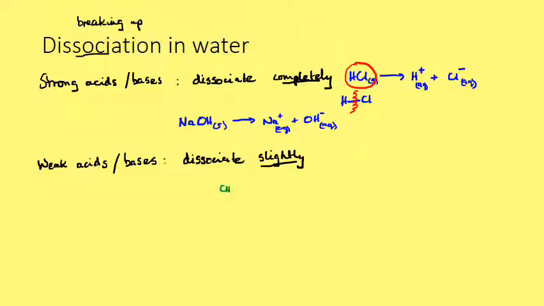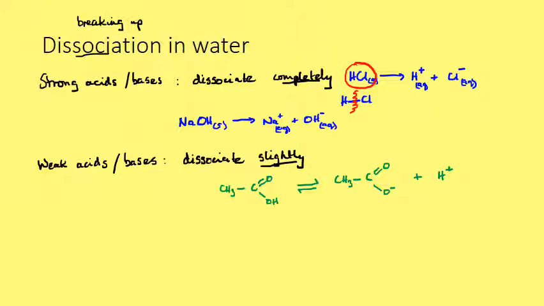So you've got CH3 and you've got COOH as the displayed formula, and that is in equilibrium once it's dissolved with the CH3COO- ion, and also the hydrogen ion that has dissociated off is there as well.